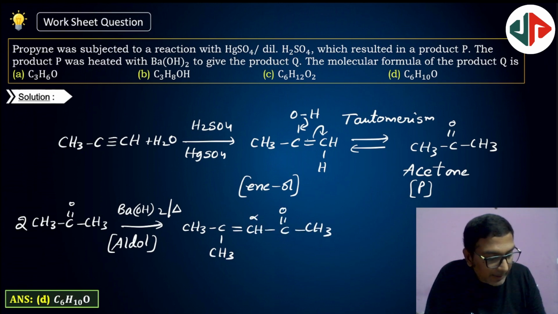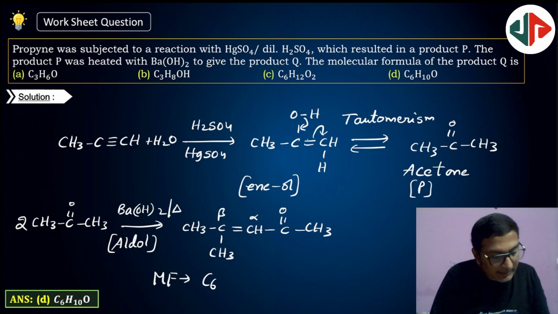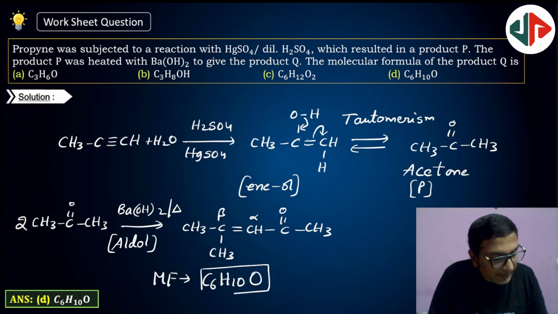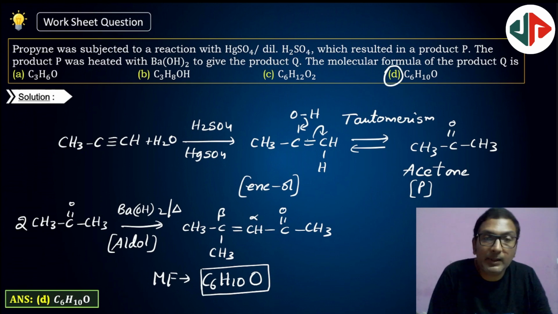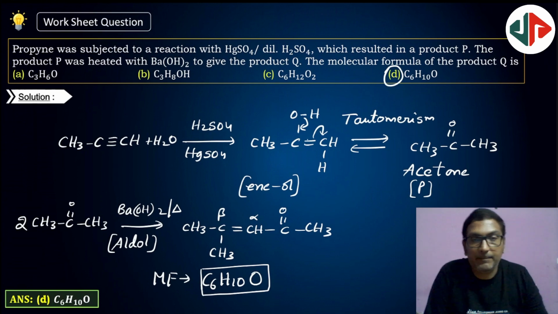So alpha beta unsaturated ketone. So the molecular formula they are asking: 1, 2, 3, 4, 5, 6, C6, hydrogens 6, 7, 8, 9, 10, and O is the molecular formula of the final compound. Option D. So first reaction, hydration of alkynes. Next reaction, aldol condensation.